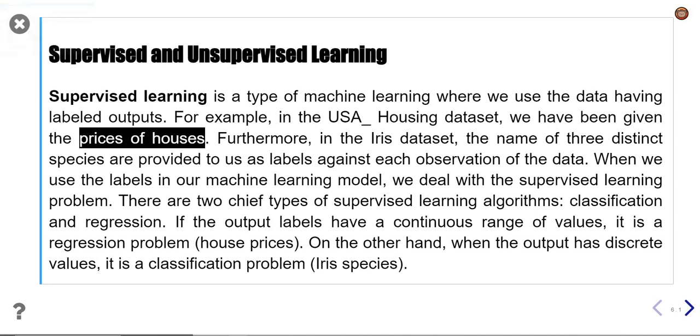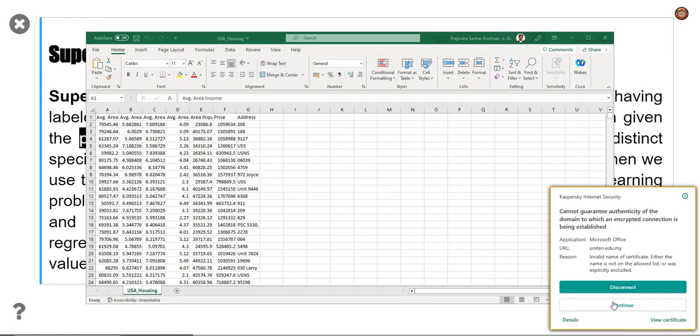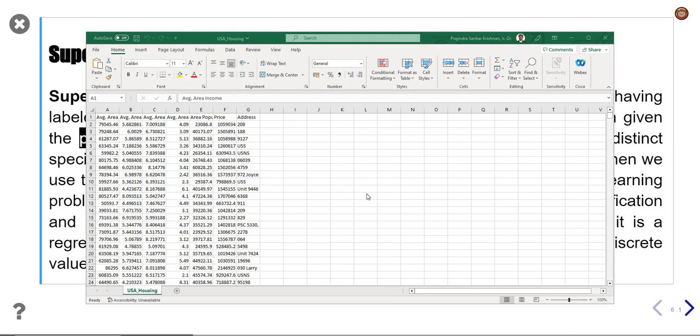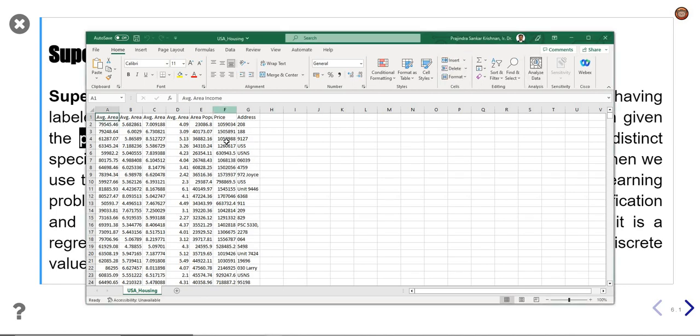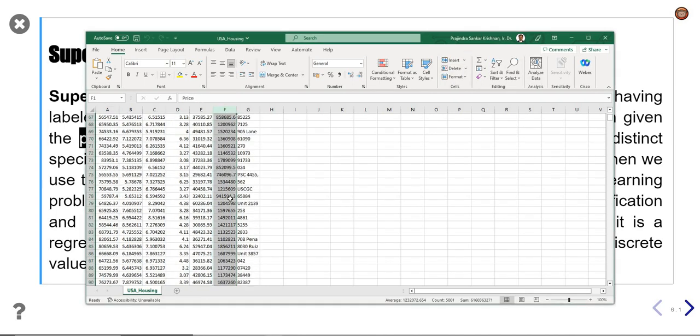Let me see. This is the USA housing dataset, and you can see the price is already there, right? All the prices are already there.